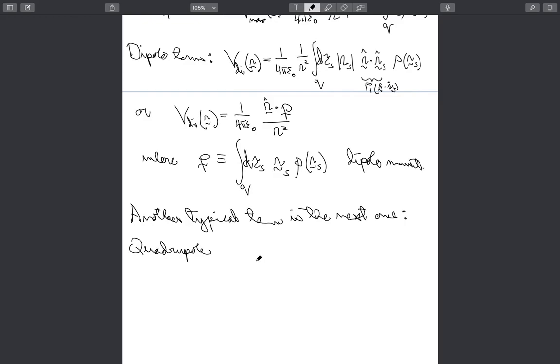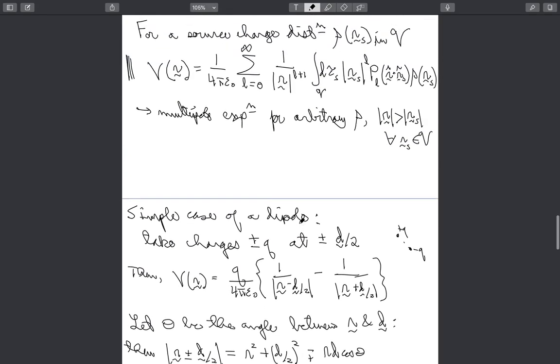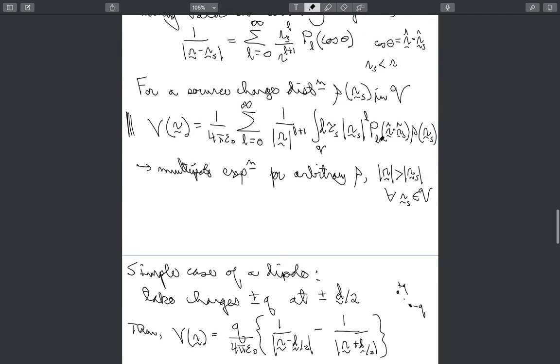The quadrupole term is this object. So I've got the V_quad of R. What am I doing? I'm just taking the next term in the series that we were writing here. So I'm now at L equal to 2.